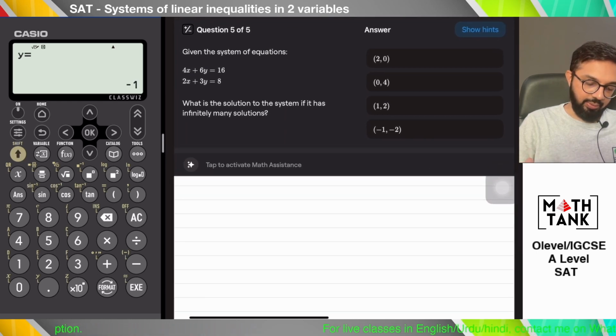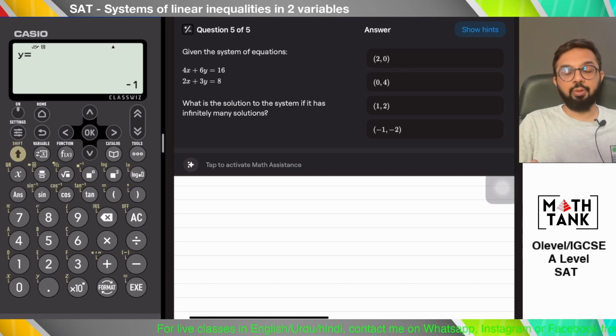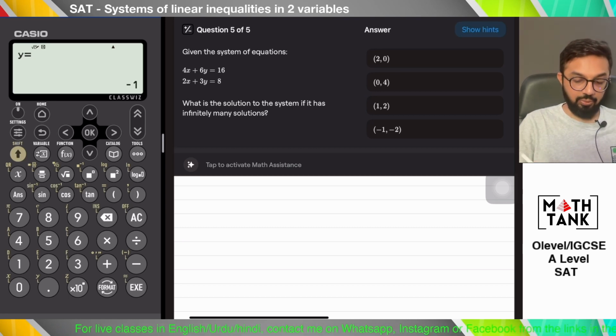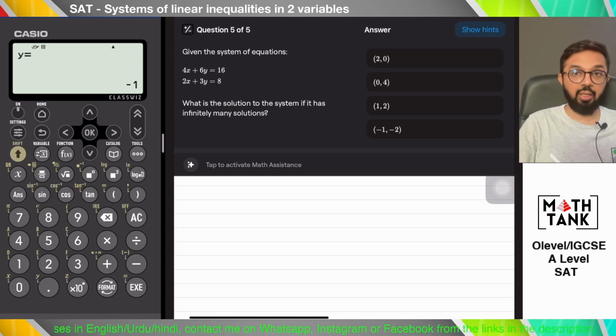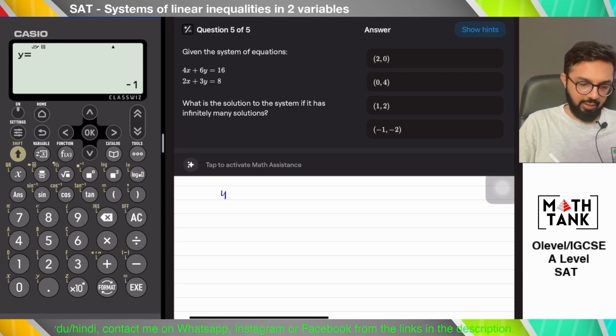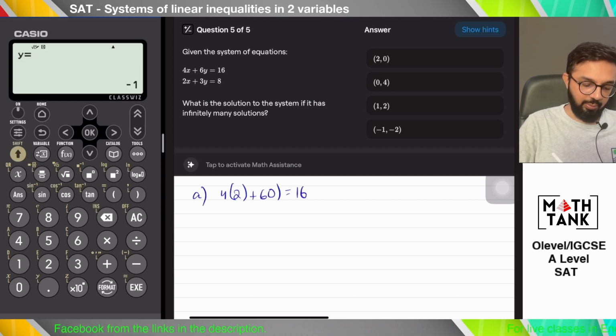What is the solution to the system if it has infinitely many solutions? Okay, so if it has infinitely many solutions, one of these is the solution. How will I find that out? My calculator can't do this now, so I'm going to do a bit of trial and error. I'm going to put each of these into the equation and see if they balance. That doesn't give me 16.